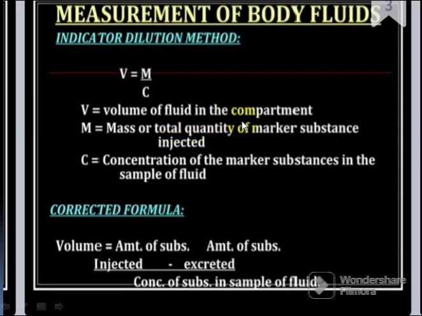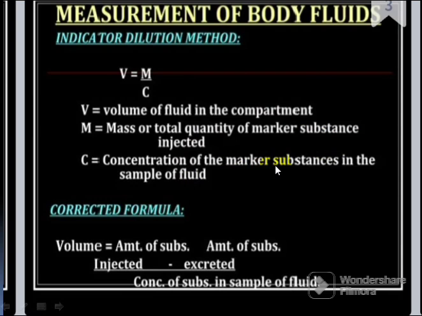M is the mass or total quantity of the marker or biomarker injected. Some authorities will call that the volume of biomarker metabolites. And C is the concentration of the biomarker.